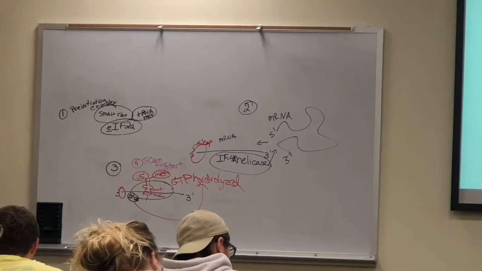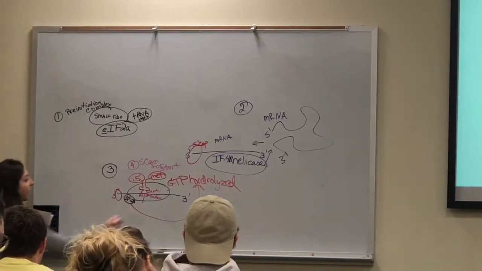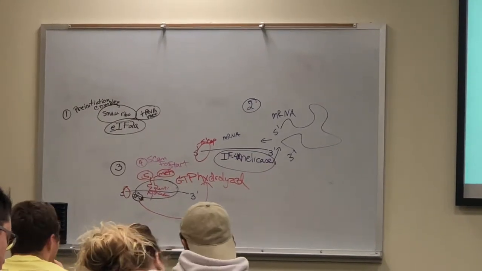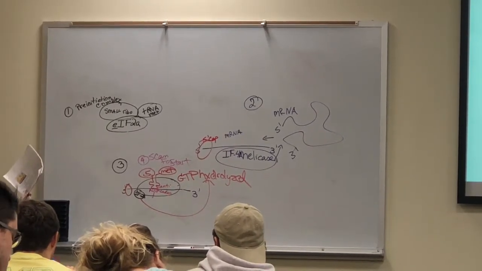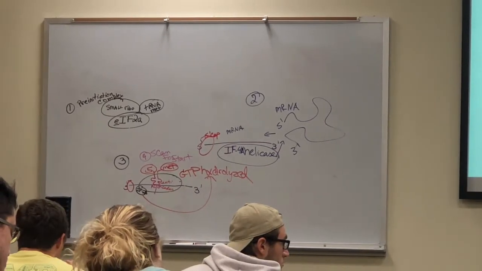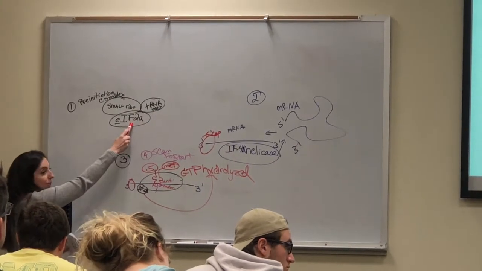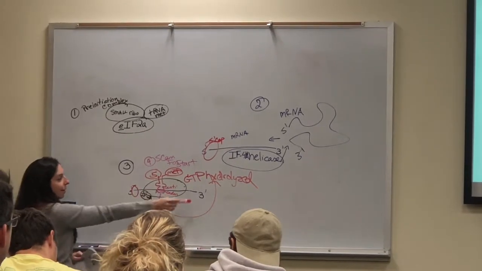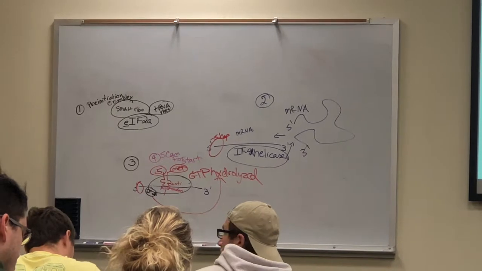So basically, the whole reason you had your pre-initiation complex forming was so that these 2 guys could bind together. I'm carrying it. I have the enzyme to link them. I found the start site. I'm going to link. So it carries the tRNA, and then once it reads it, it releases it. It carries the tRNA and the initiation factor that is necessary to have this reaction happen by hydrolyzing GTP. Am I making sense?